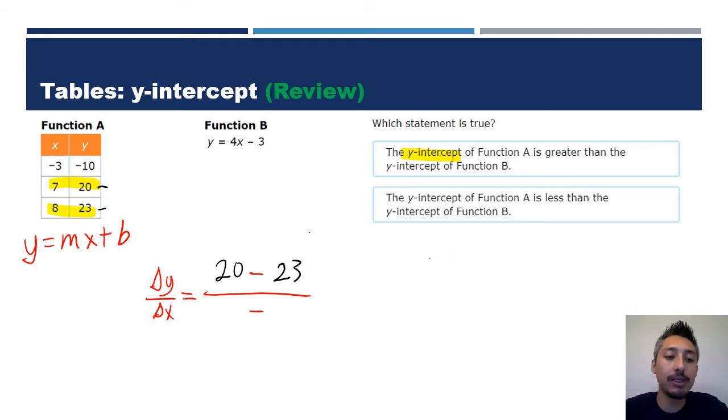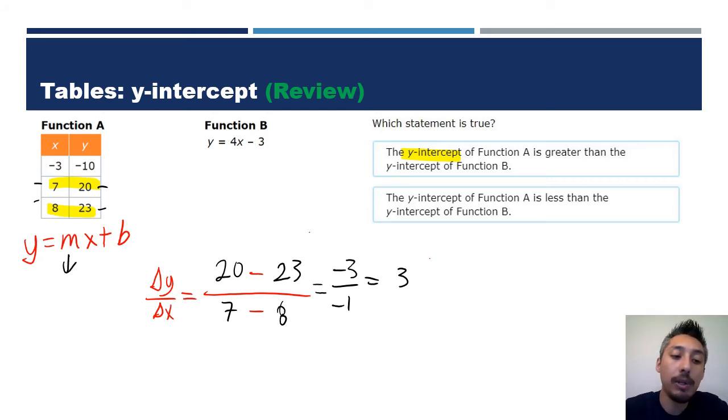Our x's are 7 and 8, so let's subtract 7 minus 8. 20 minus 23 is equal to -3, and 7 minus 8 is equal to -1. -3 divided by -1 is going to give us a positive 3. Again, all we found out is that our slope, our m, is 3.